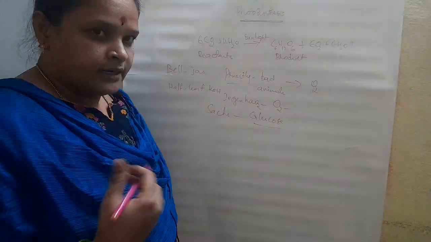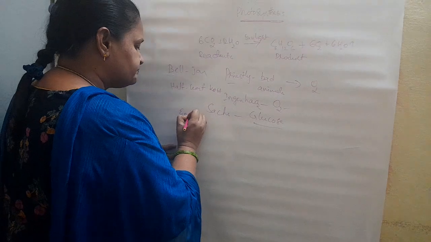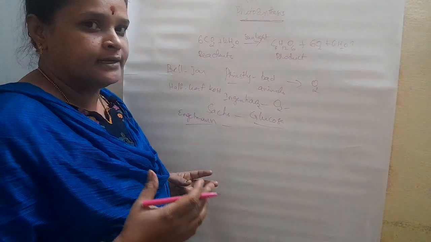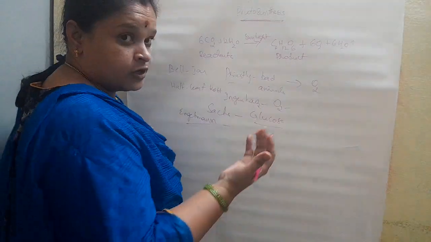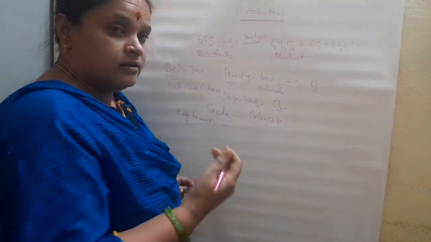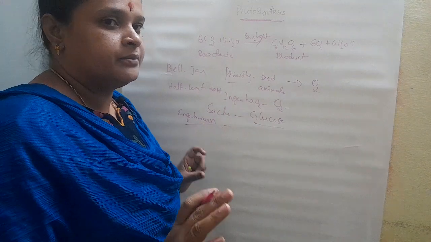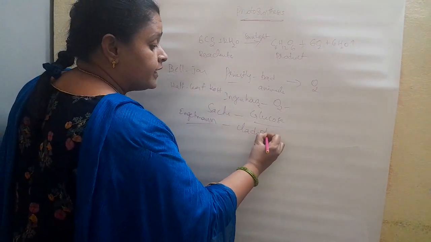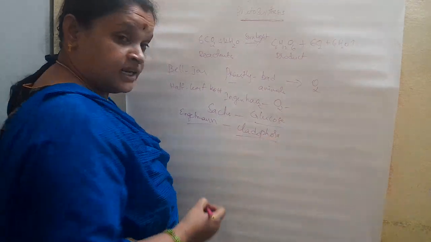Okay, right. Next, Engelmann is the scientist who split the light spectrum into its colours. That means the light spectrum is divided, and he conducted an experiment on an alga called Cladophora, which is a green alga.